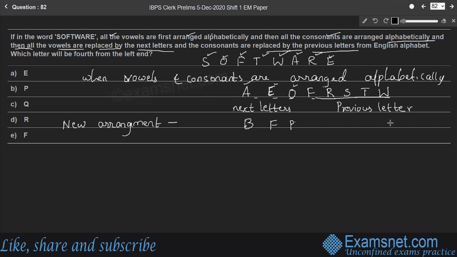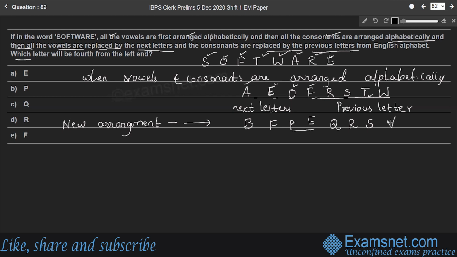Previous letter to F is E, to R is Q, to S is R, T is S, previous letter of W is V. So the new arrangement will be B, F, P, E, Q, R, S, V.